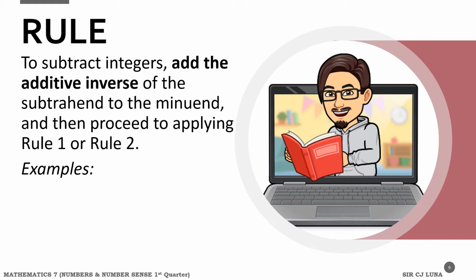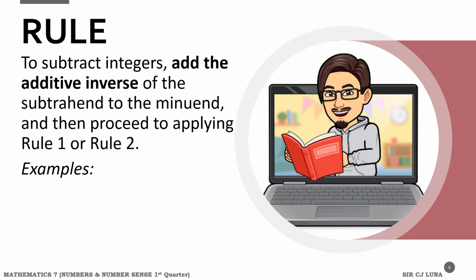Okay? So kapag daw tayo ay nagsusubtract ng mga integers, ang ginagawa natin, yung pangalawang number, ang tawag doon ay subtrahend, papalitan mo yung kanyang sign. Ang tawag doon ay additive inverse. Okay? And then we will proceed to addition. So yung subtraction mo na, yung minus sign mo, gagawin mong plus sign.